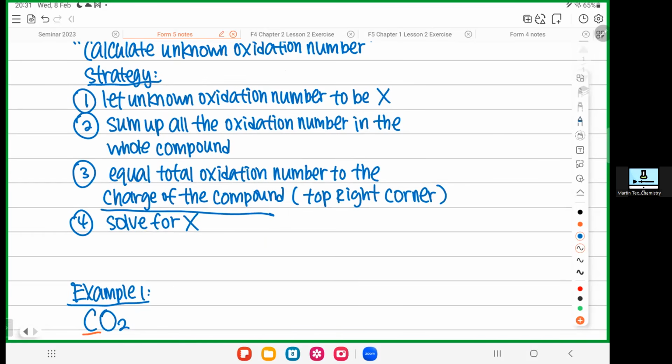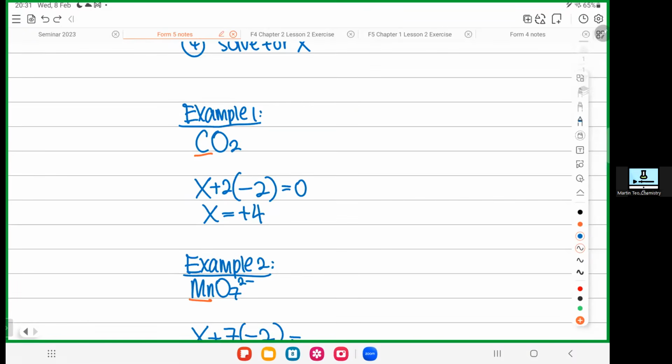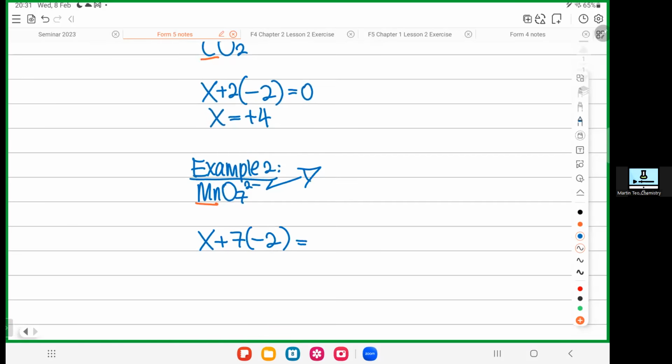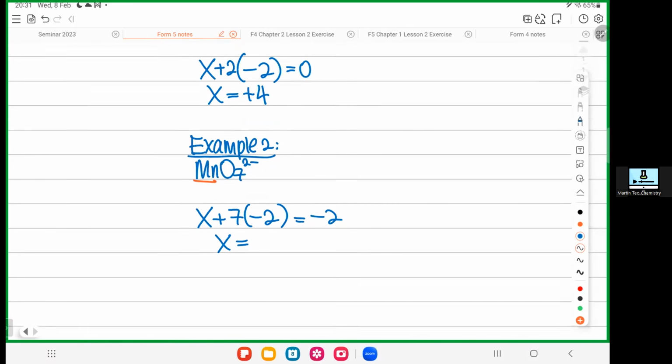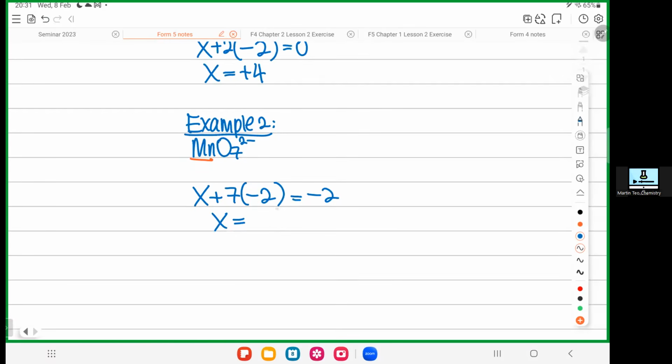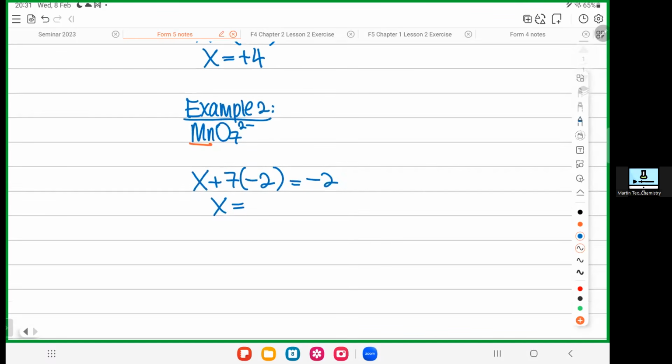The charge can be found on the top right corner. So there is a charge here, -2. So do your mathematics, X equals, all right, let me see. Sorry, this one should be minus.